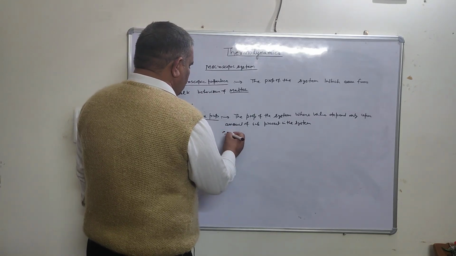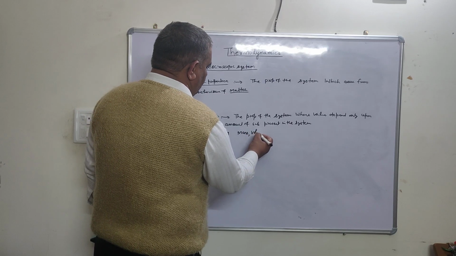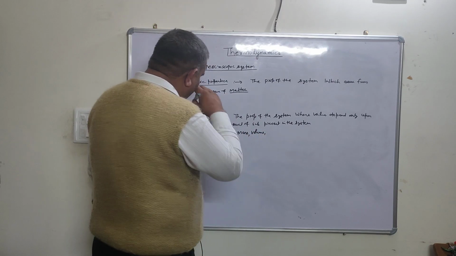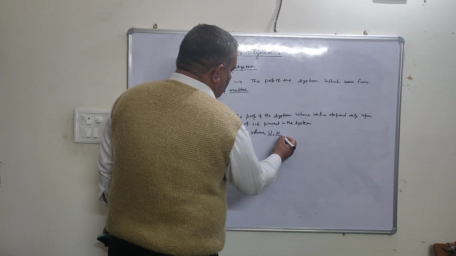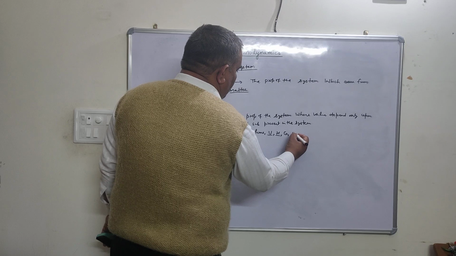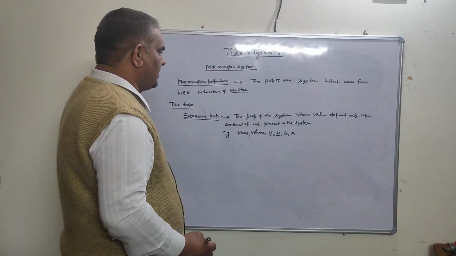For example, mass, volume, internal energy U, enthalpy H, Gibbs free energy G, work function, etc. These are the extensive properties.